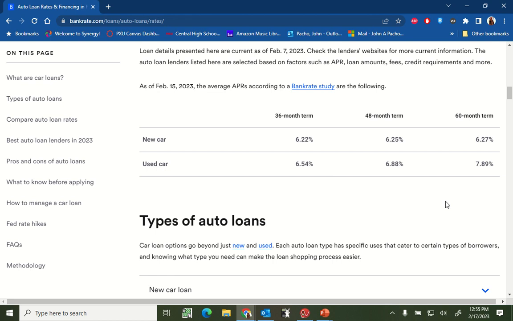The car is actually worth less, and so it's going to be harder to finance. Because if they repossess a new car, the bank could actually sell it for more money. They get a resale. They're investing in you making all the payments. But if it's a used car, it's not as good. All right, so good question though.